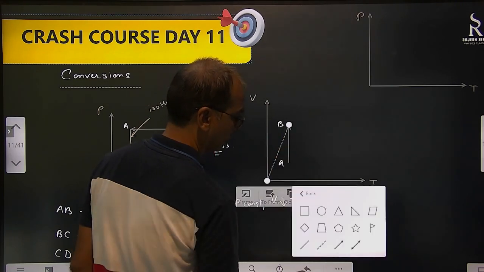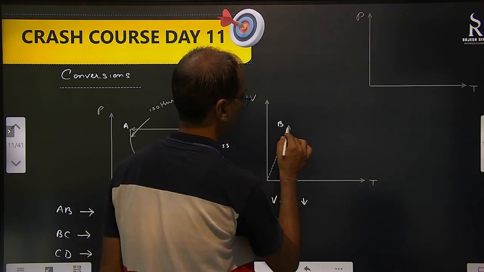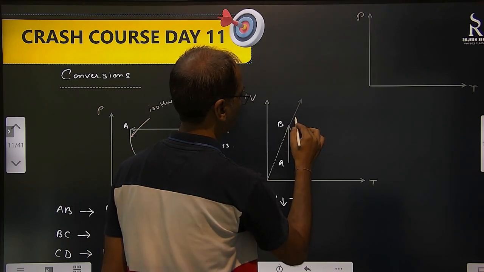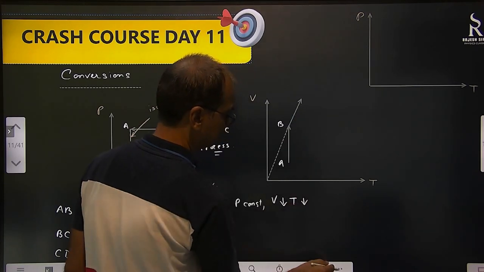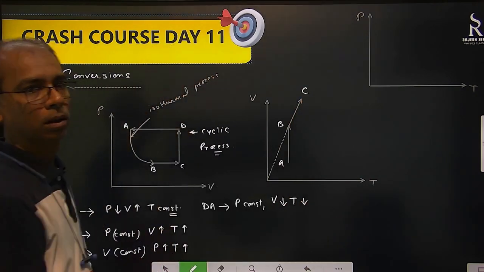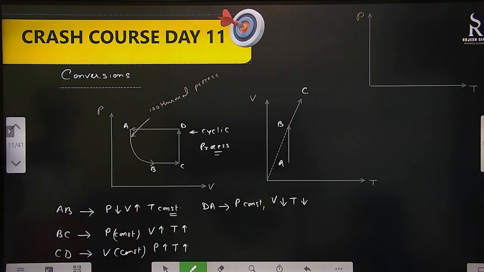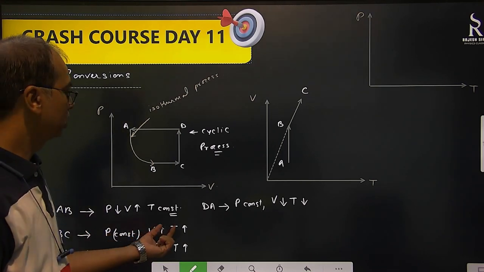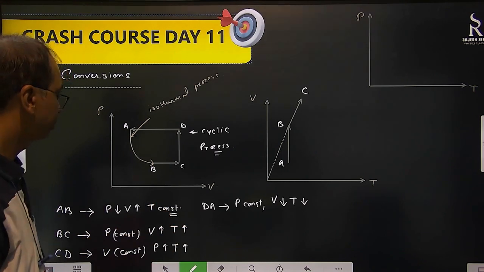The process is this. This is your BC. Right? So what it shows? Pressure constant, volume increasing, temperature also increasing.